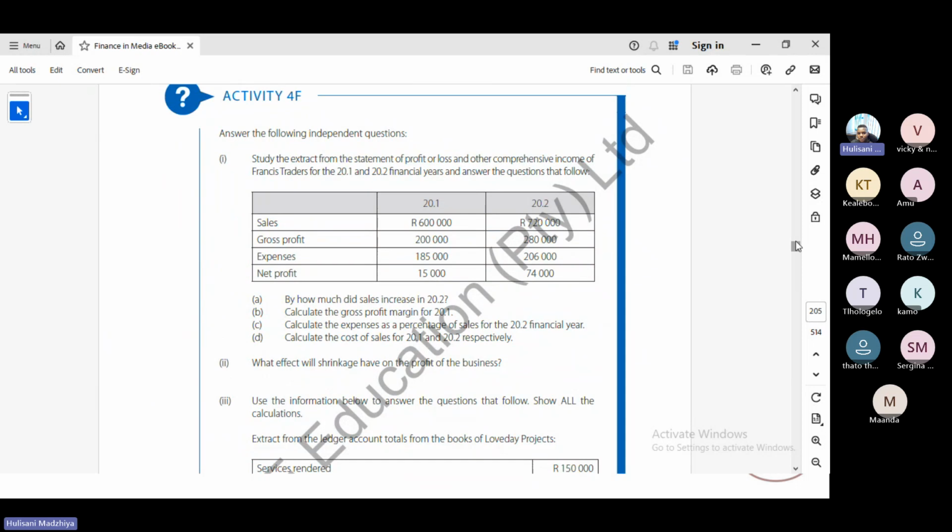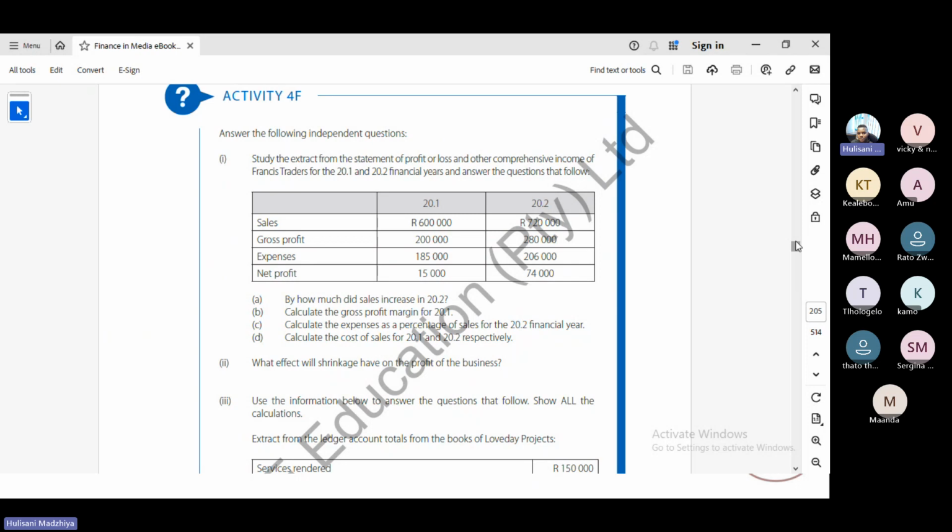I want us to start with number 1, which says: study the extract from the statement of profit or loss and other comprehensive income of Francis Traders for the 2.1 and 2.2 financial years and answer the questions below. You have sales for 2.1 of 600,000 and 2.2 of 720,000, gross profit of 200,000 and 280,000, expenses of 185,000 and 206,000 respectively, and net profit of 15,000 for 2.1 and 74,000 for 2.2.